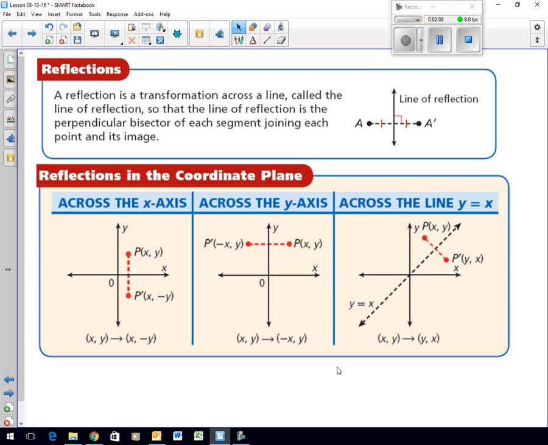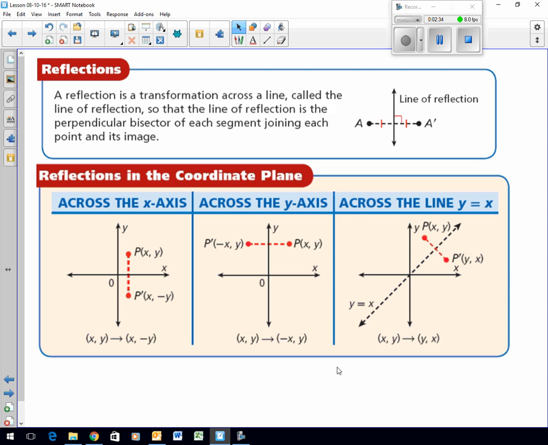Once we put this onto a graph, an XY coordinate plane, a Cartesian plane, check it out, we got three of them. If I reflected across the x-axis from P to P prime, my x values do not change. My y values go from positive to negative or negative to positive.